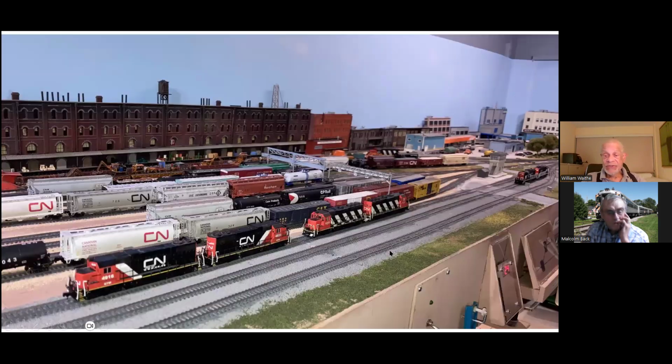And this is an arrival track, a departure track where trains are made up for outgoing, and the locomotive run around track for positioning locomotives on either end of the train. Again, the background buildings were done by James Razor.